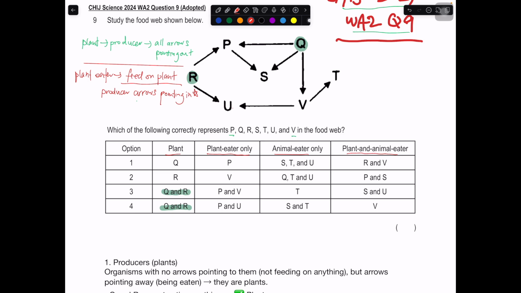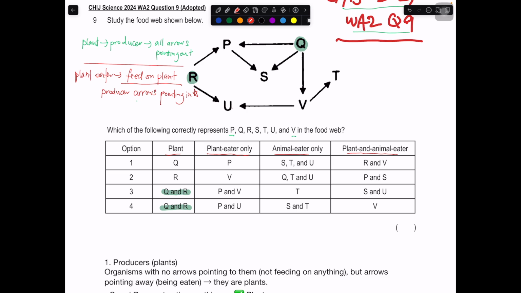R is pointing to U, but U also has another arrow pointing towards it, which is from V. So probably U is not a plant eater, because we can tell that U also feeds on V, and V in this case should be a plant eater. So that means U could be a plant and animal eater in this case.